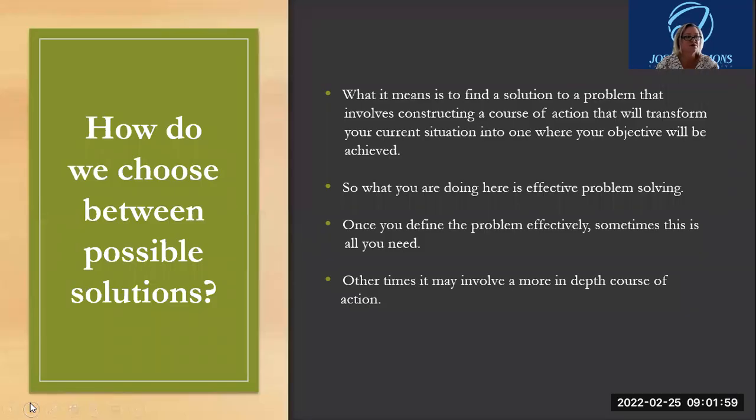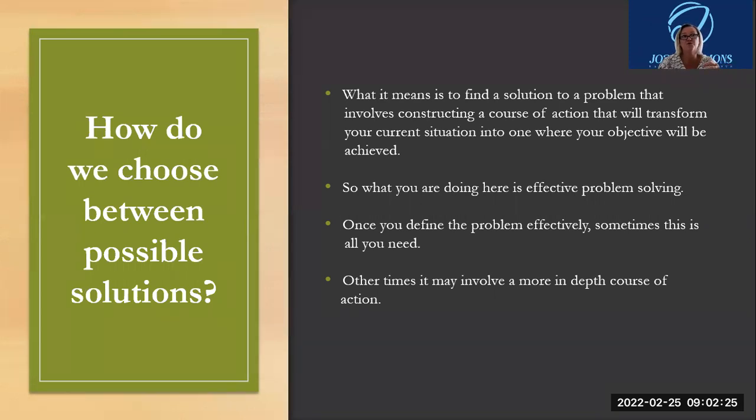Okay, so how do we choose between possible solutions? What it means is to find a solution to a problem that involves constructing a certain course of action that will transform and take you from your current situation into a situation where your objective is achieved, right? So what you're doing here is effectively problem solving.